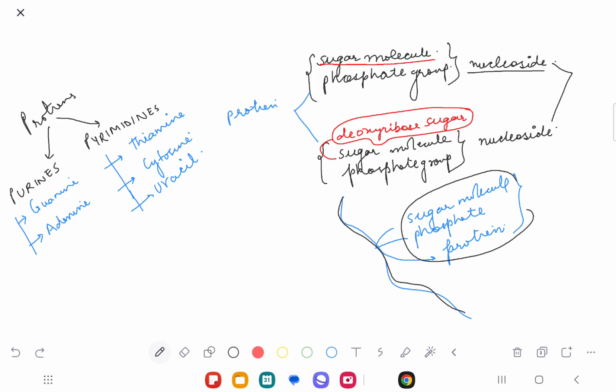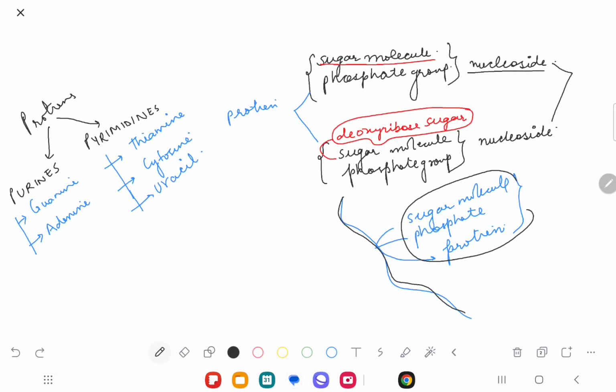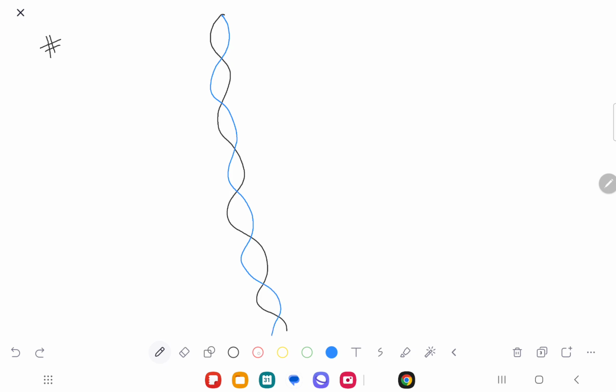Now, just have a look here. When I'm looking at this particular chain, obviously this one chain is an independent chain. This blue chain is also an independent chain. So obviously something has to hold them together, isn't it?